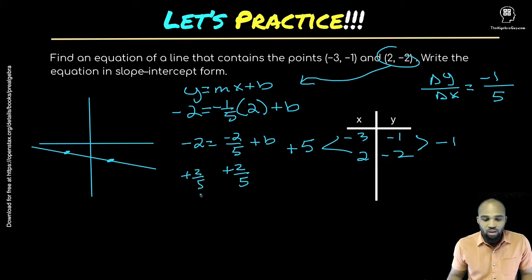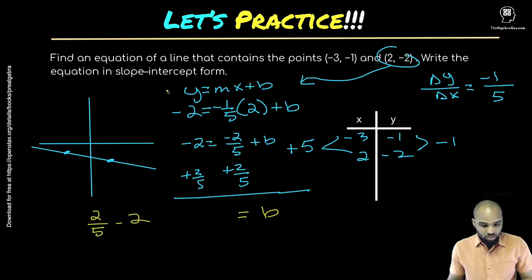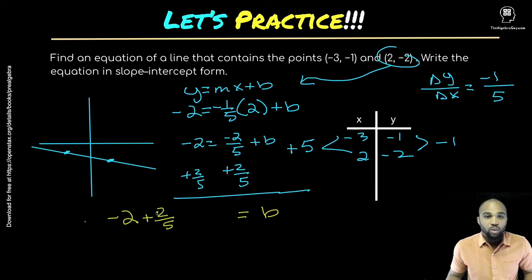And that leaves me with b equals... what is 2/5 minus 2? Rather, I should say -2 plus 2/5. Let's do it that way, because that was already there first. So this is going to tell us what our y-intercept is.